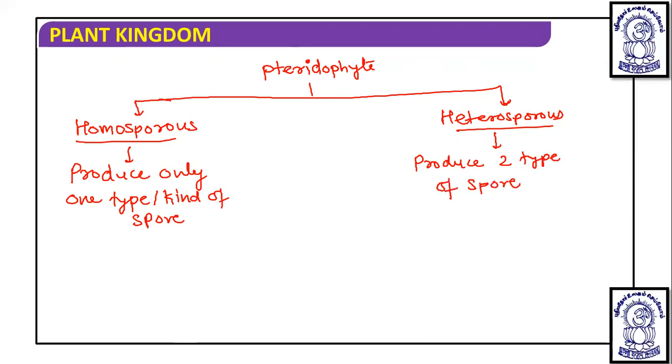If homosporous pteridophytes produce only one type of spore, then this one spore is going to form one prothallus or one gametophyte.